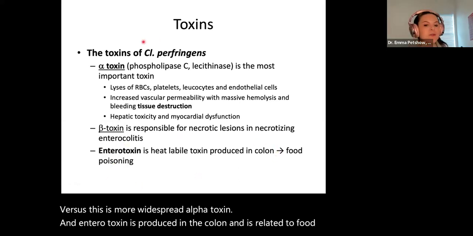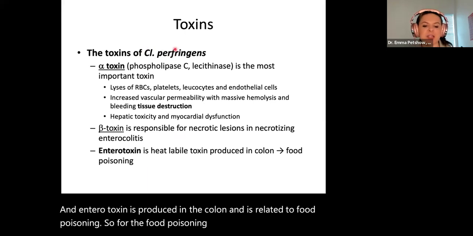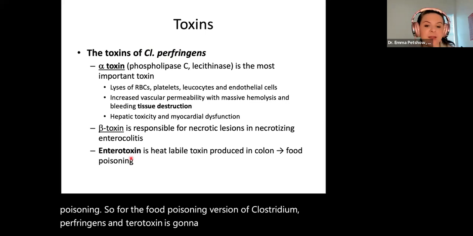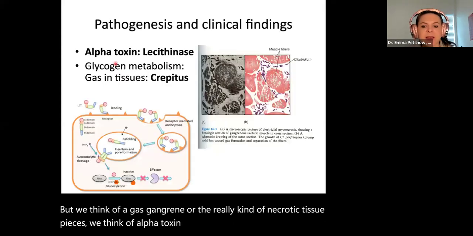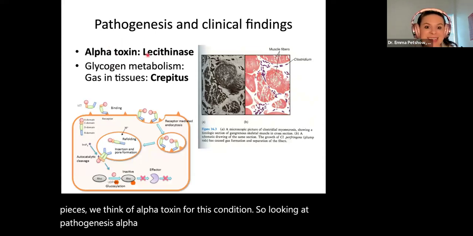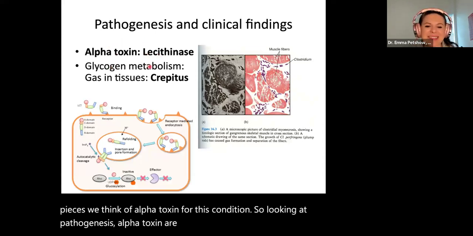So for the food poisoning version of Clostridium perfringens, enterotoxin is going to be your exotoxin of choice. But when we think of gas gangrene or the really necrotic tissue pieces, we think of alpha toxin for this condition.